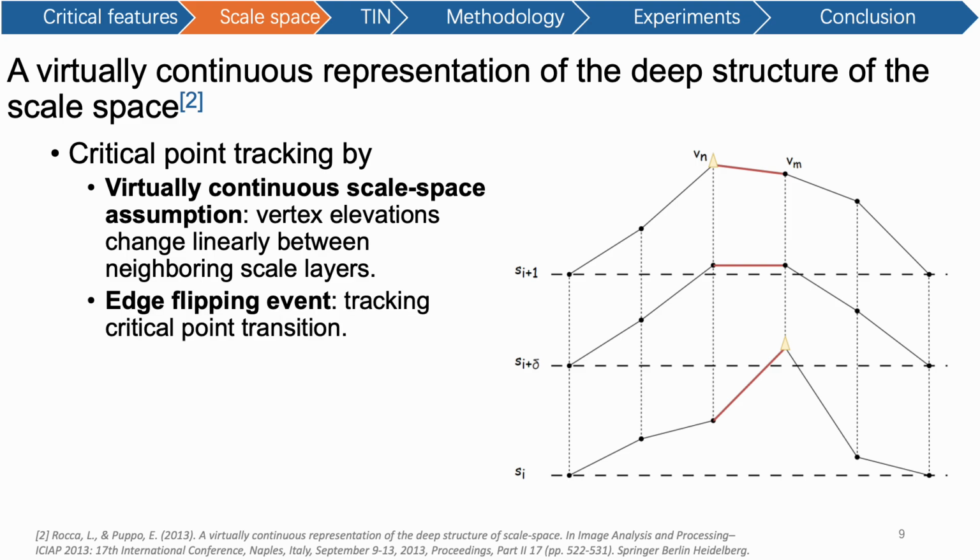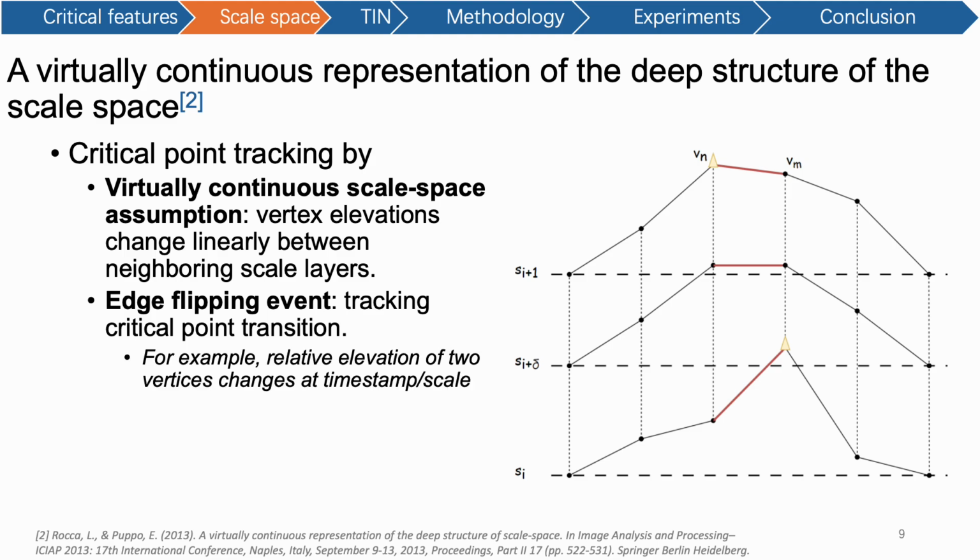By the linear assumption of this scale space, we can calculate the time step at which the edge between Vm and Vn flipped, at i plus delta. Then, tracking all the edge flipping events in chronological order, we are able to track each individual critical point transition deterministically.